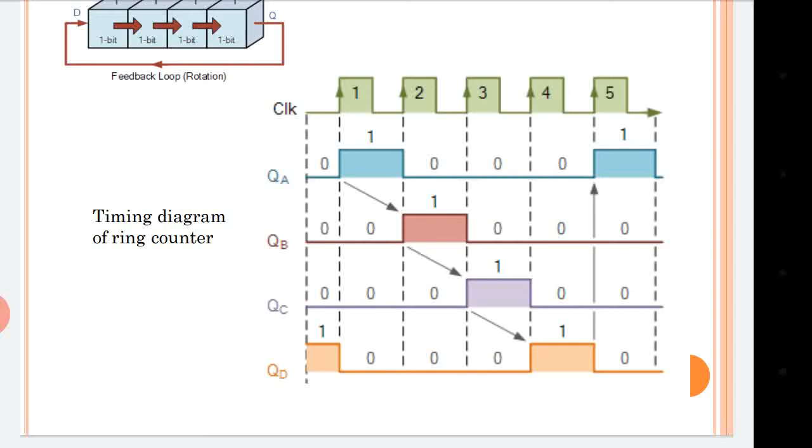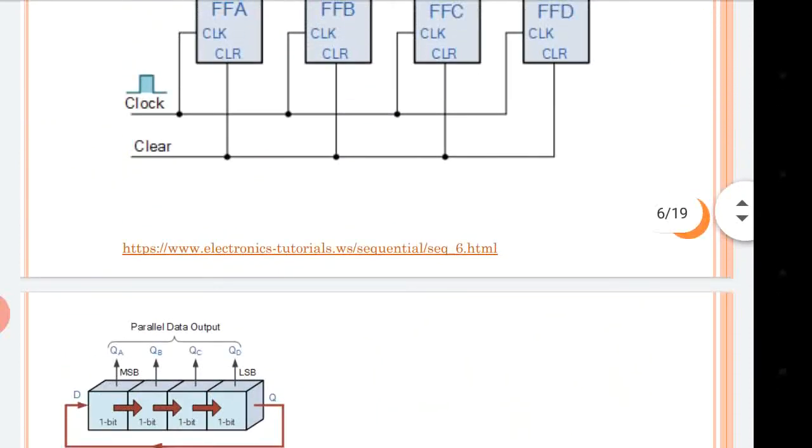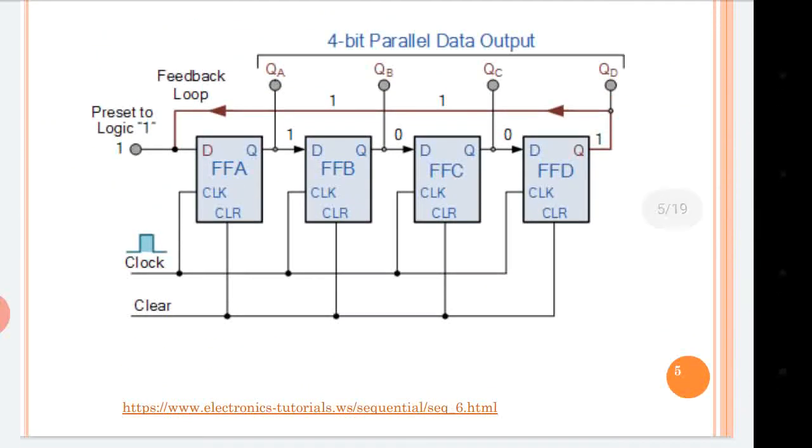I am not talking about the next. QC is 0 and QD is 0, because we want only one output to be 1 at the same time. The same condition can be achieved by activating preset of one flip-flop and the clear of the remaining 3 flip-flops at the same time only for a short period of time, and then deactivating that.